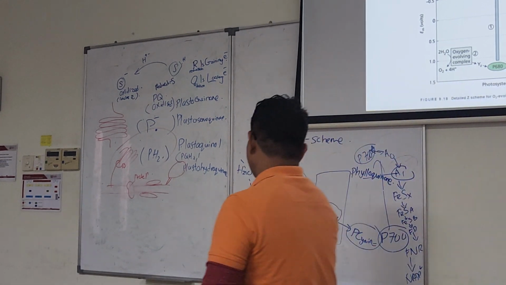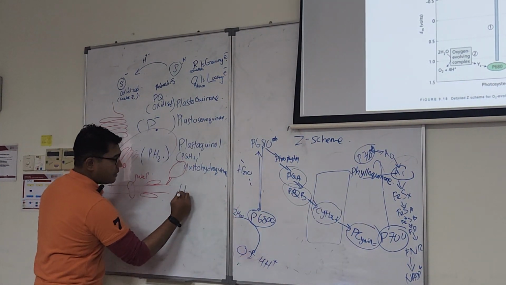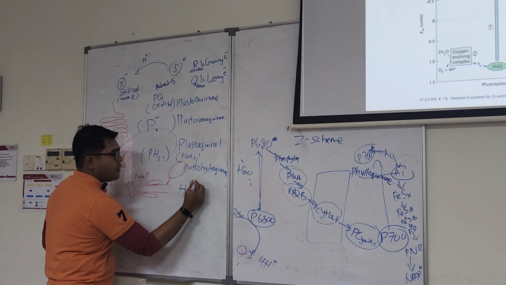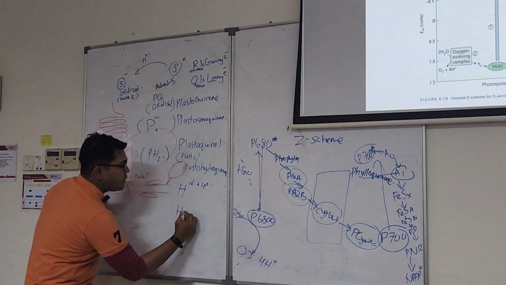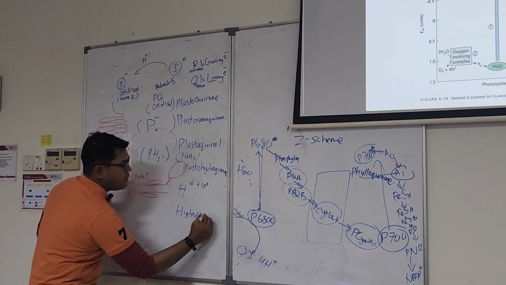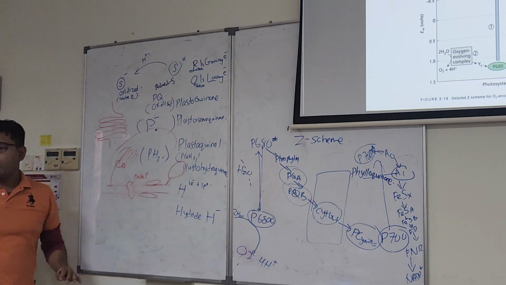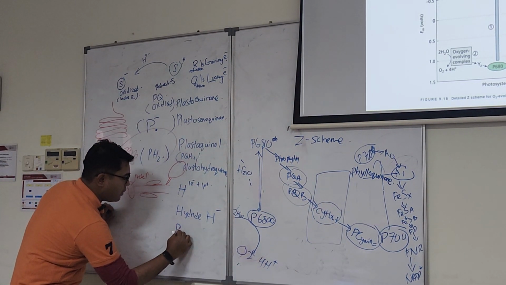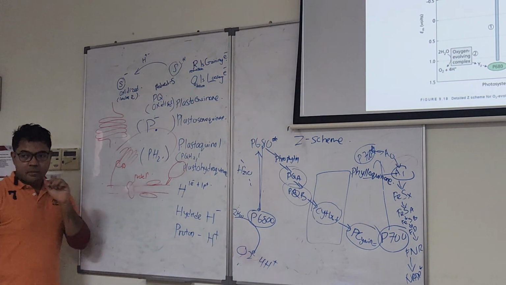Finally, I just want to clarify on that H plus. H means, if it's only H, hydrogen, 1 electron plus 1 proton. If it says hydride, it means hydrogen minus, no proton. If it says proton, it means hydrogen plus.